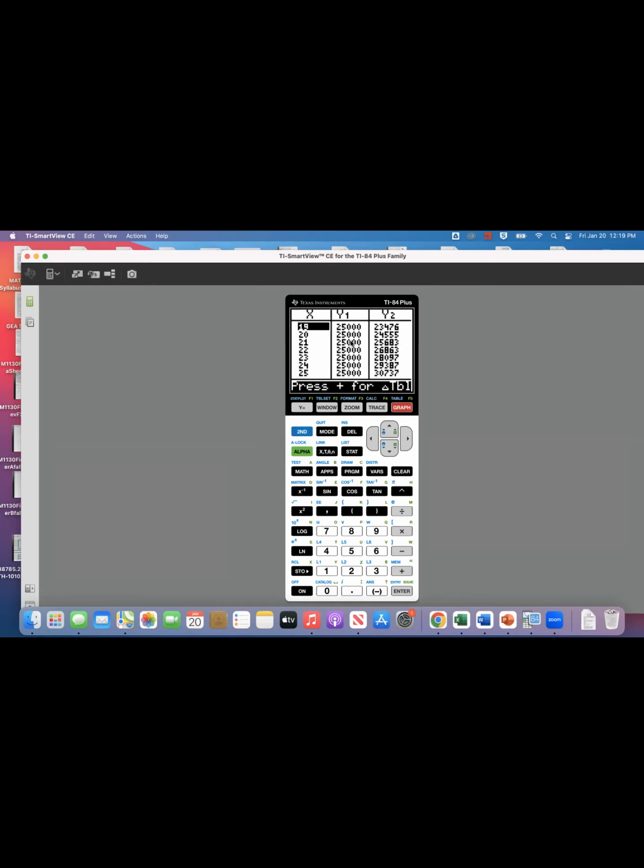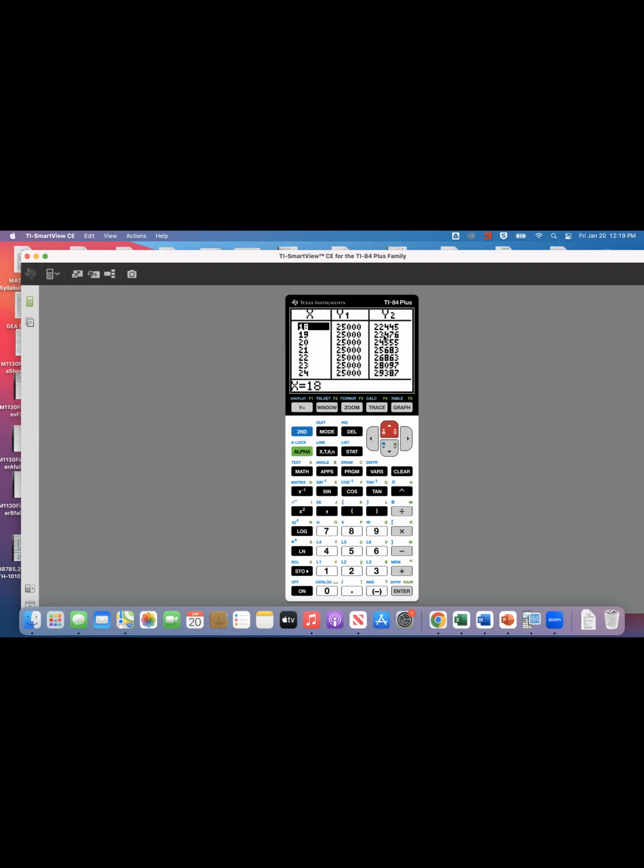I'm trying to find where these two graphs are the same value. It looks like they have the same value of 25,000 at some point between where x equals 20 and x equals 21.